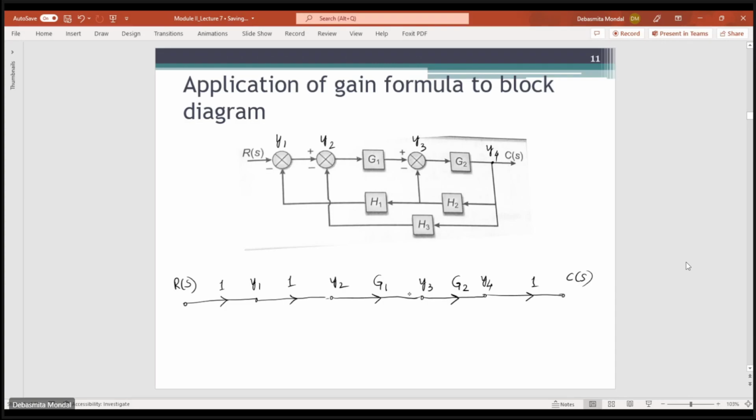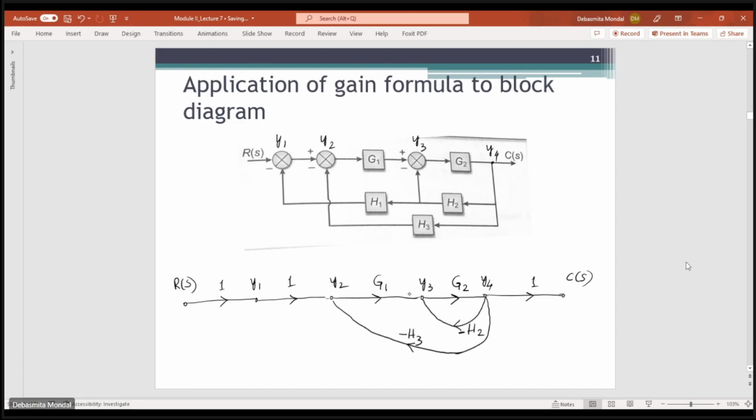Now this H2 is connected between Y4 and Y3. So between Y4 and Y3, and this is connected in negative feedback, you will have minus H2. Again, between Y4 and Y2, you have H3, which is again going in as a minus. So between Y4 and Y2 you will have minus H3.